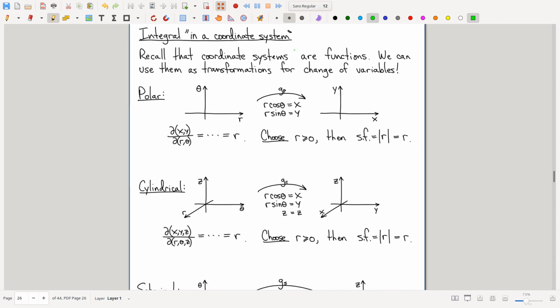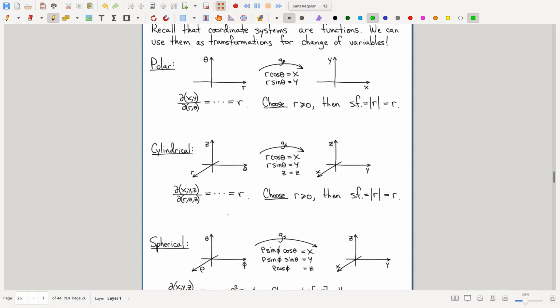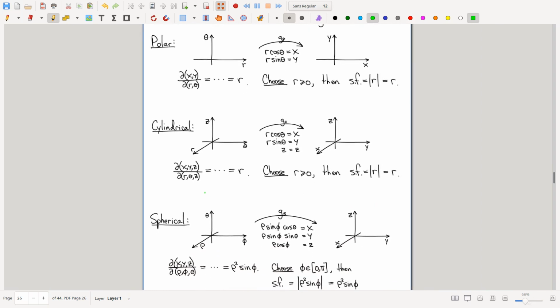Let's remind ourselves that when you have a coordinate system, for example polar coordinates, one way to think about polar coordinates is as a function. r and theta are the inputs, x and y are the outputs, and these are the formulas. It seems like a weird way to view polar coordinates, but I made the observation back in chapter 1 that it's nice to think of this as a function, and this is where it really pays off.